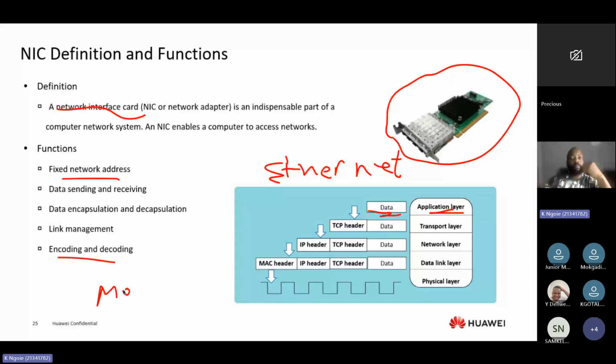That's why it's very easy to identify, during an investigation, which computer sent certain information, because we can identify it through the MAC address, which is embedded into the NIC card. So each NIC card has a unique MAC address. That's how the NIC works.